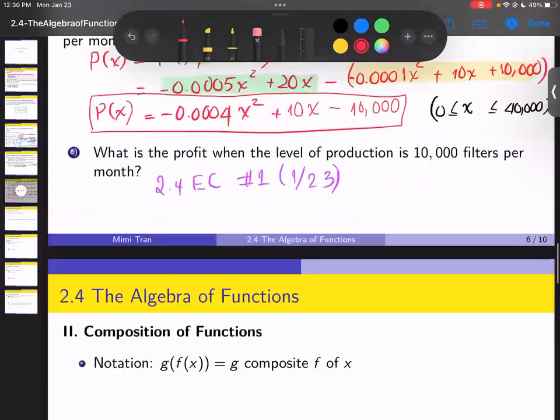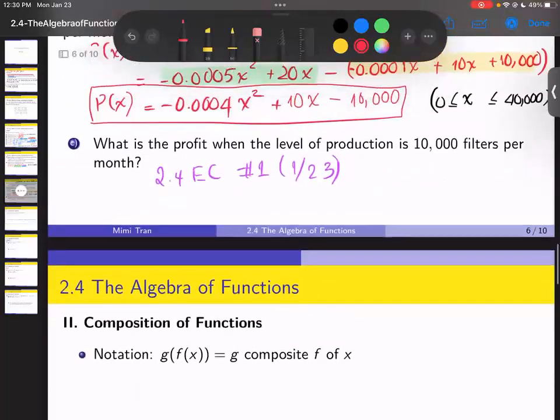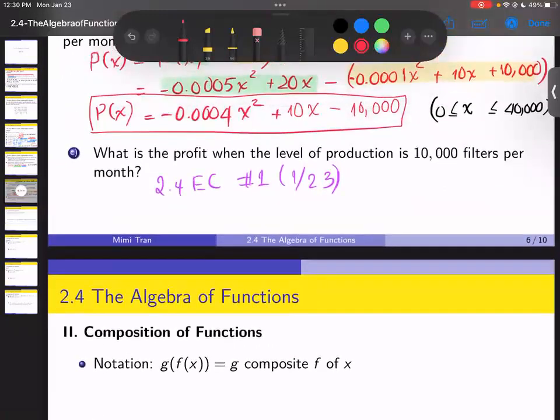Okay. All right. Okay. So calculating. Let me tell you a calculator you can use on your phone.